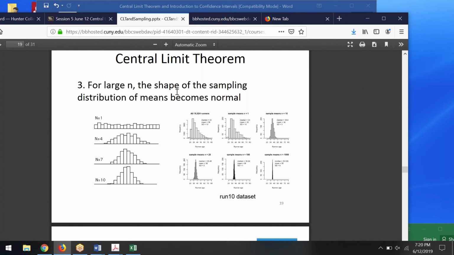So for the central limit theorem to work, we don't have to have an original population that's perfectly normally distributed. That's a big advantage for us, because a lot of times we're going to be working with populations that aren't perfectly normally distributed.